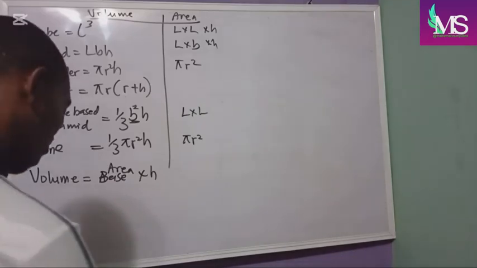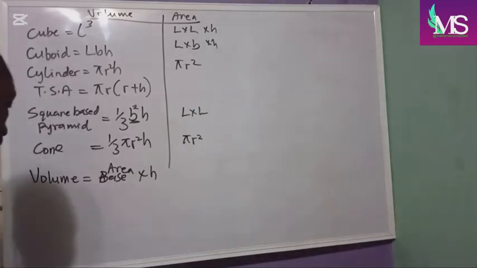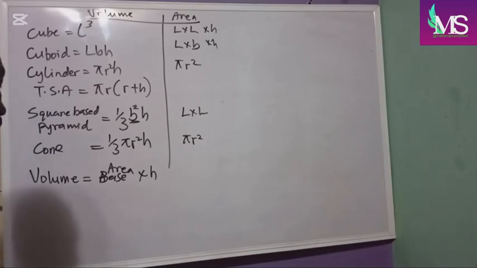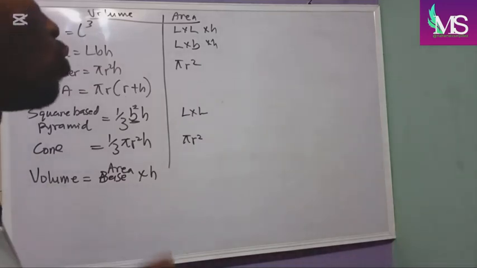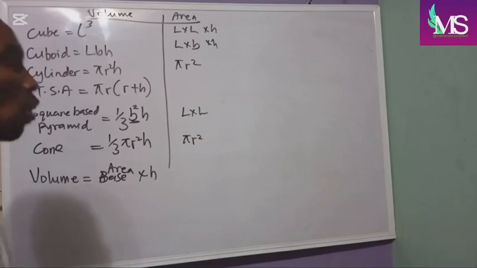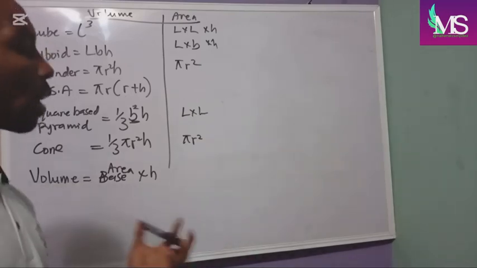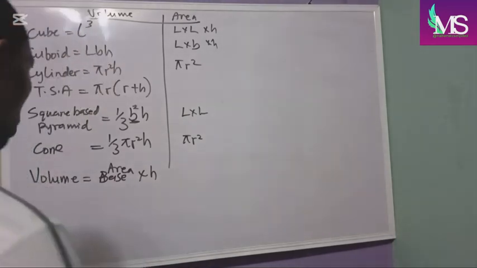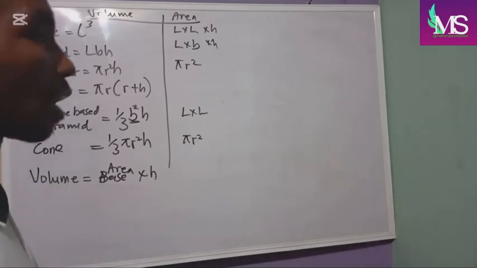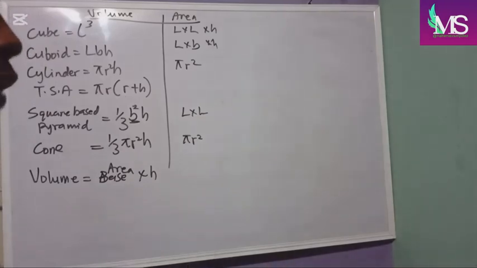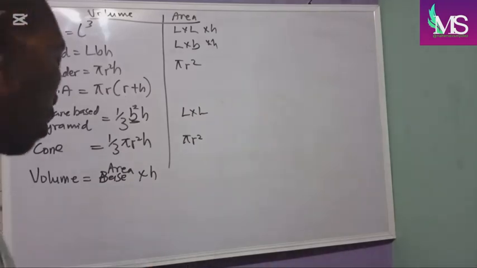Now, we also looked at how to calculate hollow objects and composite objects. What are composite objects? Composite objects are objects that are made up of two solids. When two solids come together, they form a composite object, like our cone and cylinder. Hollow objects are objects that are not whole; they have a space in between them.